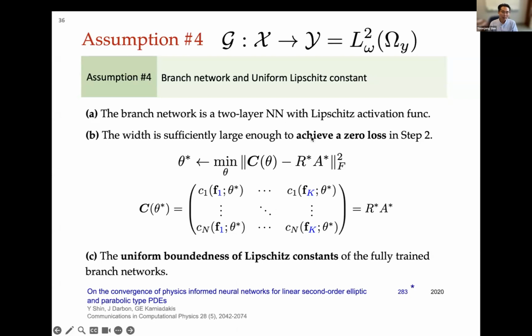So the assumptions are pretty standard, but I am just focusing on the two-layer Lipschitz activation function, and assuming the width is sufficiently large so that we achieve zero training loss, and the uniform boundedness kicks in to control the generalization error on the branch part.